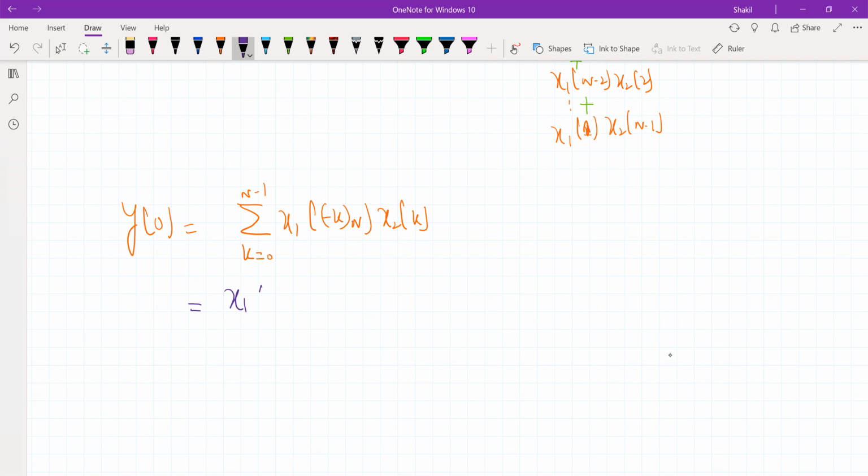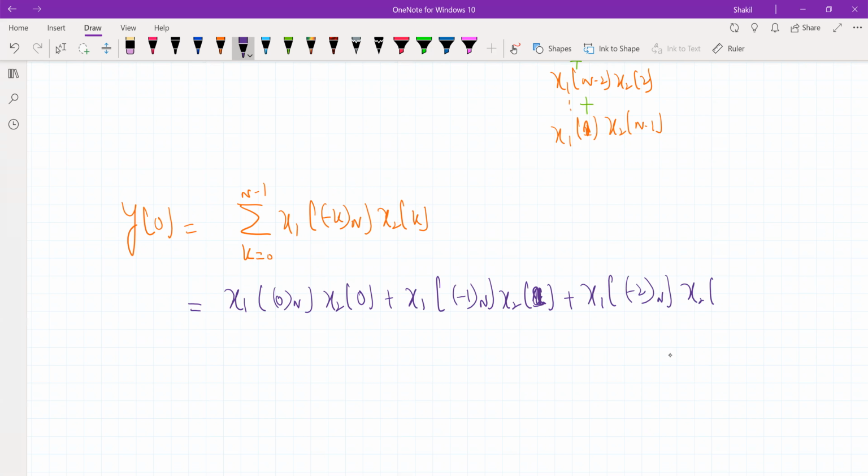This will be x1 of 0 and x2 of 0 plus x1 of minus 1 and x2 of 1, plus x1 of minus 2 and x2 of 2, plus so on, the last point is n minus 1, x1 of minus (n minus 1) and x2 of n minus 1.